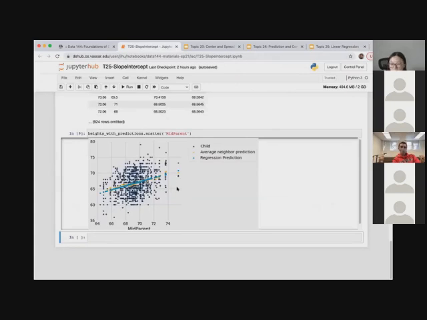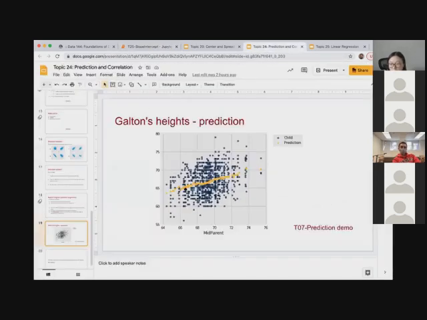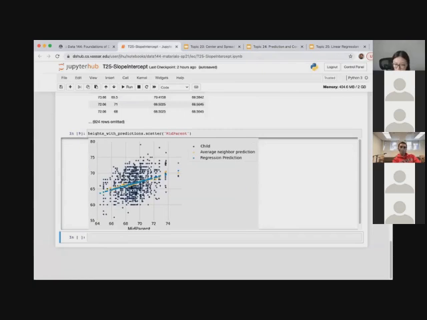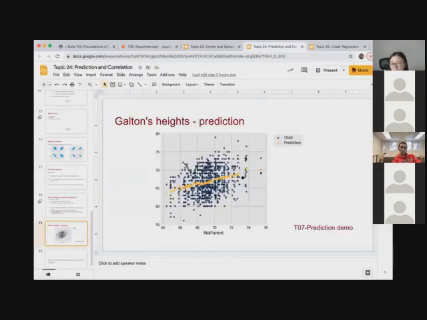On the contrary, if we look at the average neighbor prediction, we know that it's not exactly a straight line, and maybe it's easier to read here. There's some wiggling up and down. So this is the main difference to me between the nearest neighbor prediction and the linear regression prediction. The linear regression prediction will be a straight line, whereas the nearest neighbor prediction might not be, but they could be close.